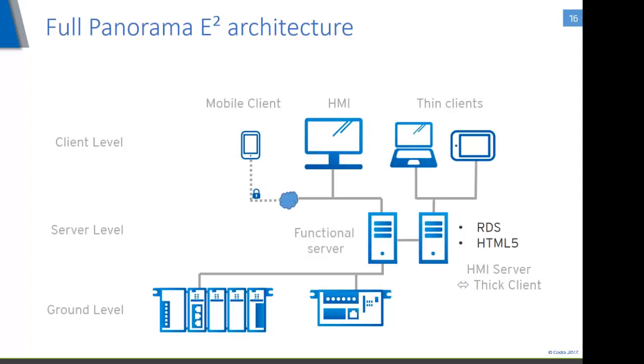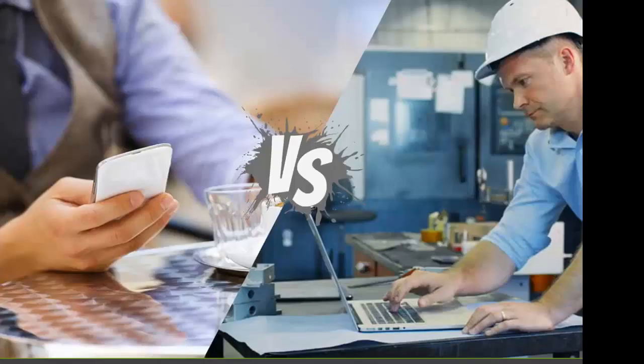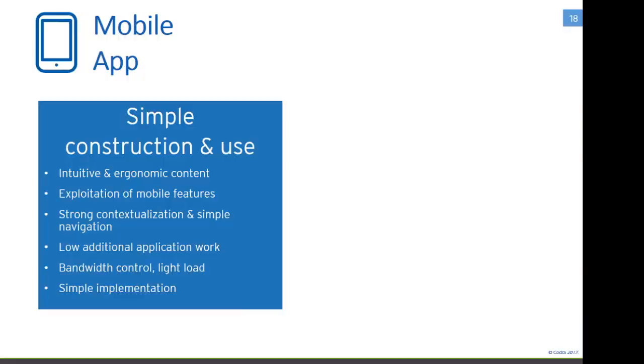So let's compare the mobile apps and the sync client on the laptop. As seen previously in the architecture, the comparison is rather a synergy than a fight or an opposition. So when you use a mobile app, you provide user-friendly HMIs for mobile devices with customized behavior, like pinch, long or short pressure on your screen.